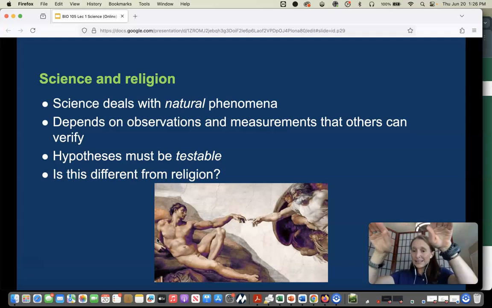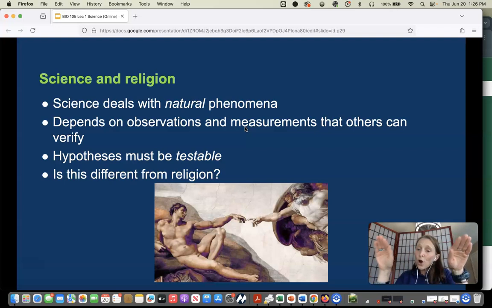Science has these limitations, and that's outside of it because it's not talking about a natural phenomenon. So there's no way for us to test whether that experience you may have had with religion would happen for another person, because there's no way to test that.